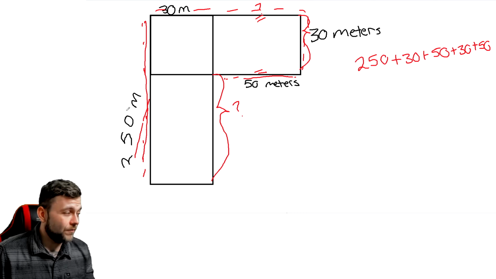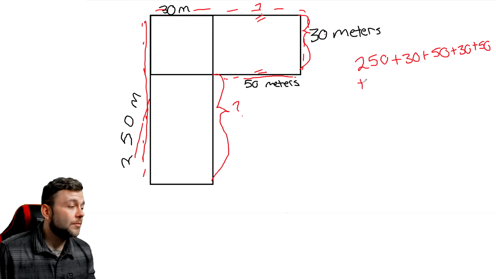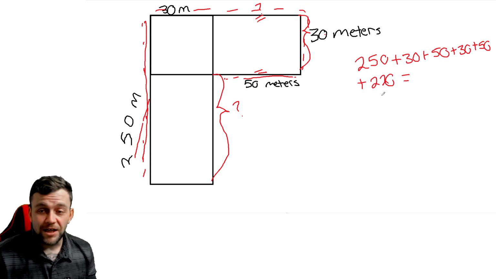So 250 minus 30, because I'm taking this whole length and subtracting this length over there. That would be 220 meters.